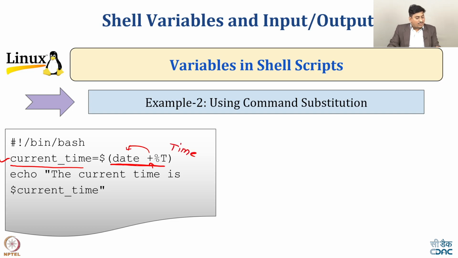When this command is executed, whatever the output of this command is gets assigned to this variable, right. Now, when I run this command and use this variable, whatever output was generated will be printed.